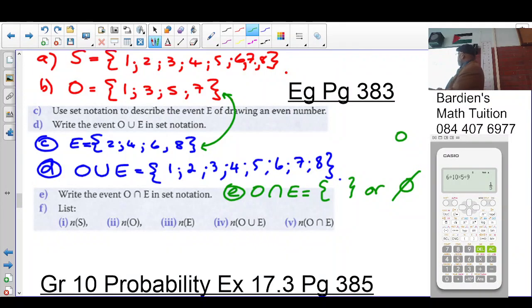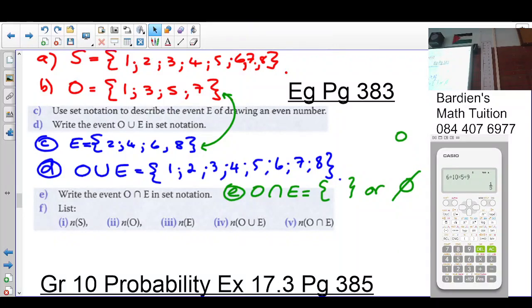So make a note of that: if it's 0, it will be an empty space, or 0 with a line through it.